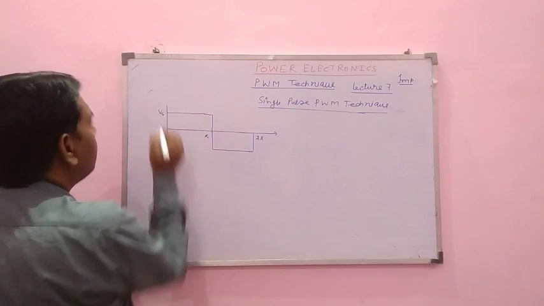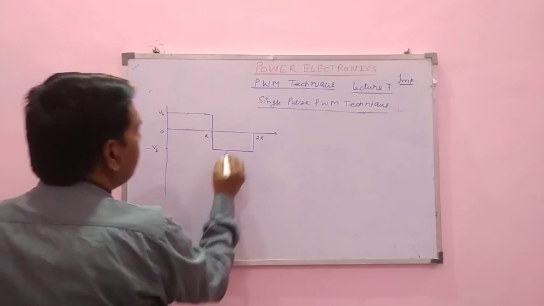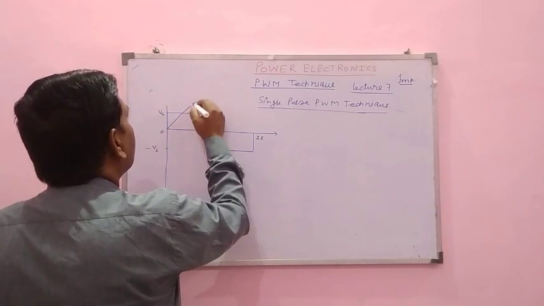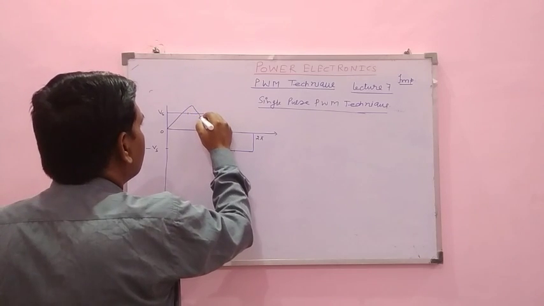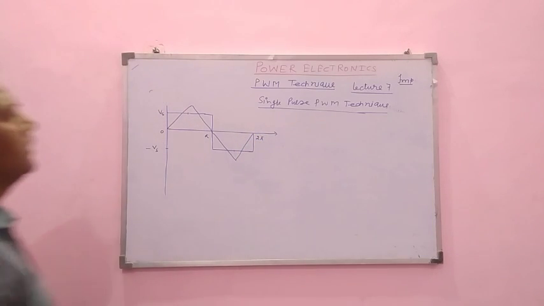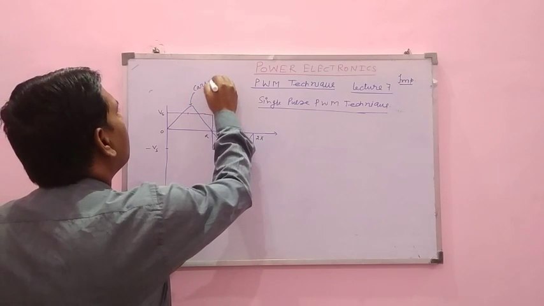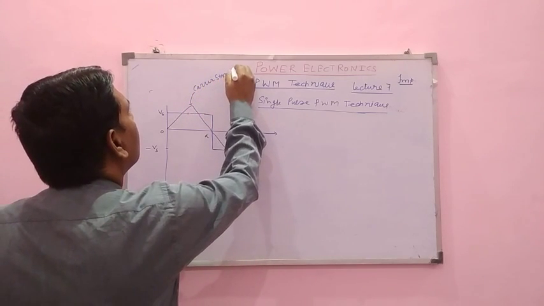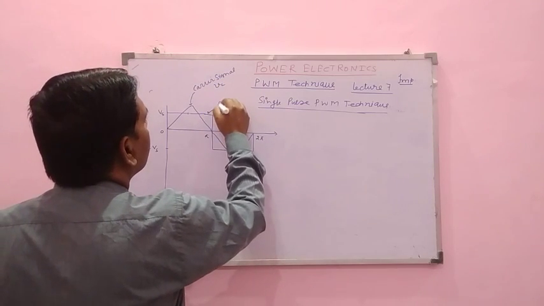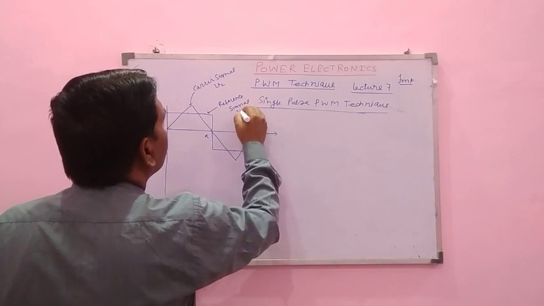This is equal to Vs, and this is equal to minus Vs. We will have a triangular carrier pulse like that. This is the carrier signal, that is VC, and this is our reference signal, that is VR.